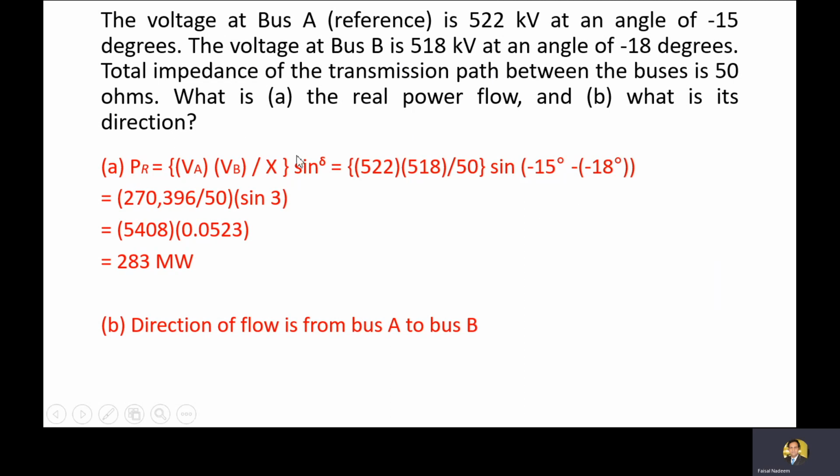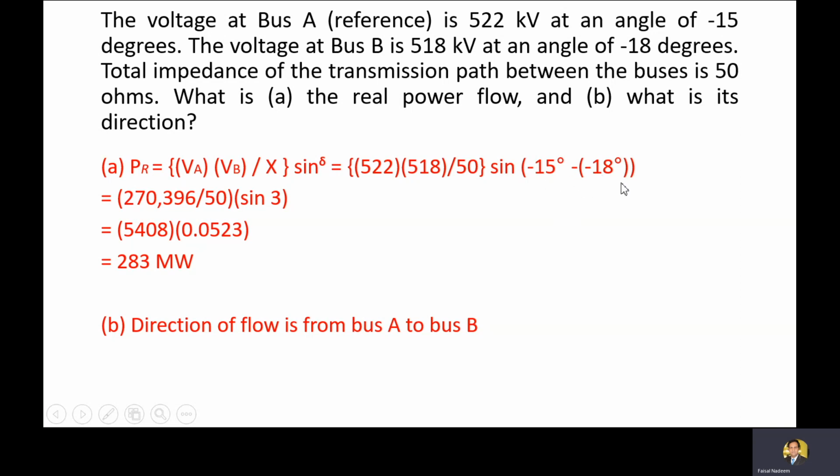This delta, sine delta, is basically the angle difference between the voltages at the two buses. So the angle of voltage at bus number 1 is minus 15 degrees and at bus number 2 is minus 18 degrees. Whereas this delta in the formula represents the angle difference between angle A and angle B, delta A minus delta B. So delta is equal to minus 15 degrees minus of minus 18 degrees.